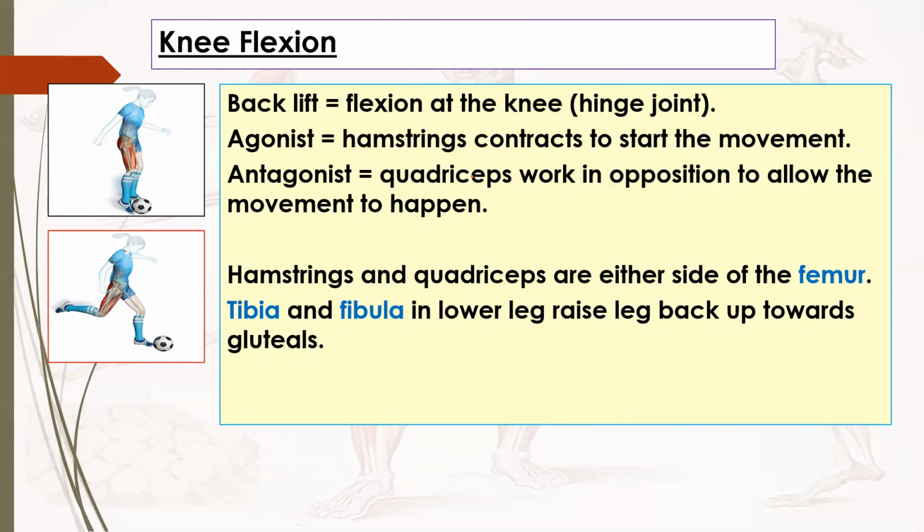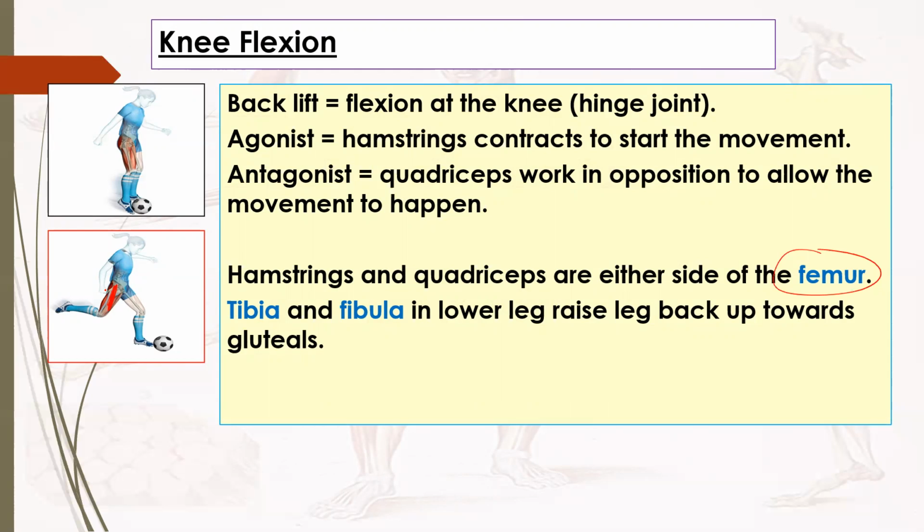And then crucially, we'll add in this information about the skeletal system. So the hamstrings and quadriceps are either side of the femur. So the femur is this big bone here that runs down from your hip to your knee. The tibia and fibula, what's the name of the bones that actually are moving here? What's the name given to those bones that move?